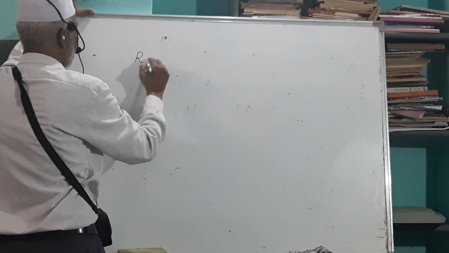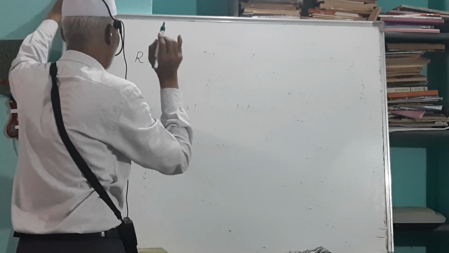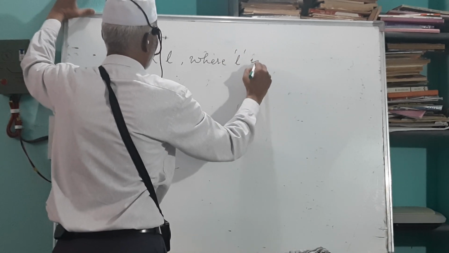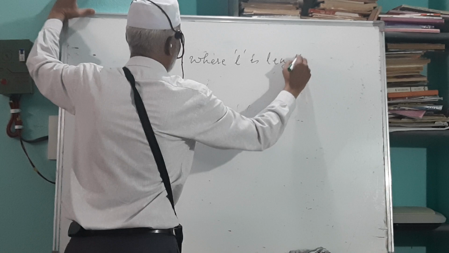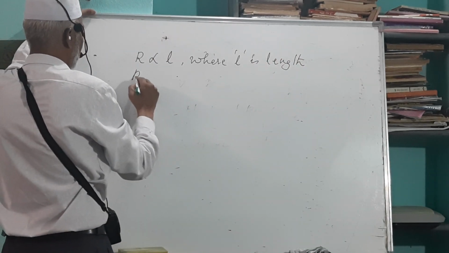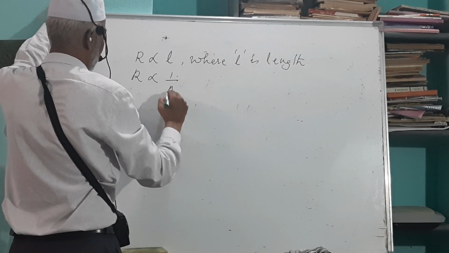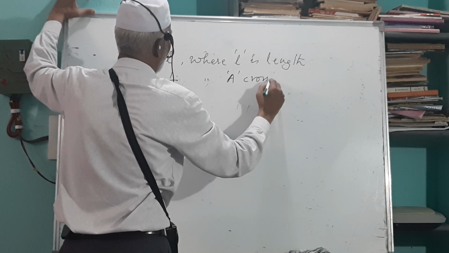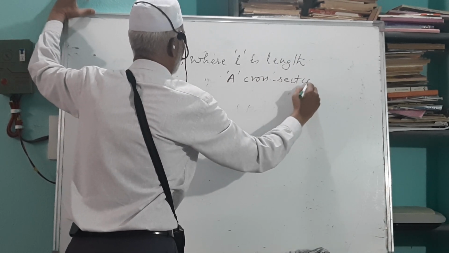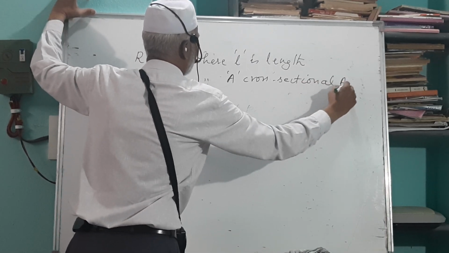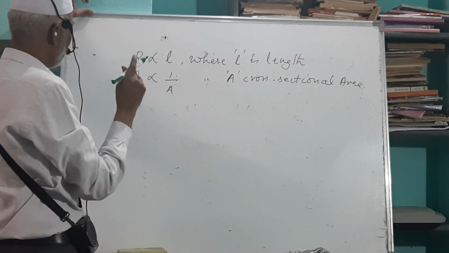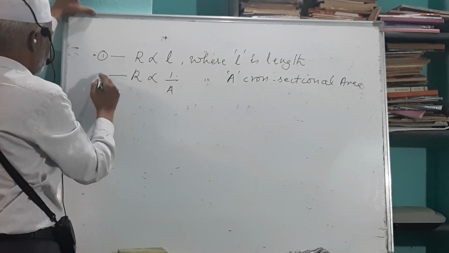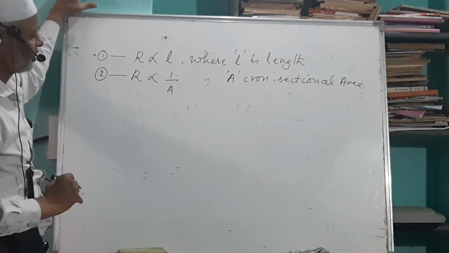So R is directly proportional to L, where L is the length, and R is inversely proportional to cross-sectional area, where A is the cross-sectional area.